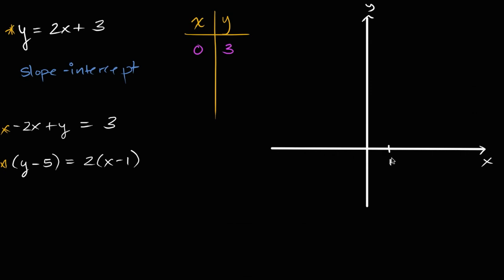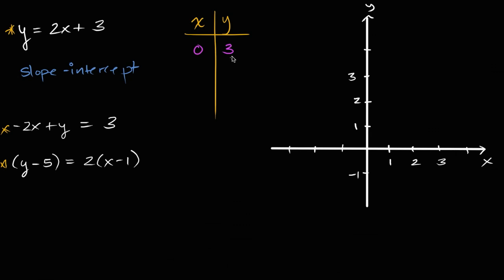So this is x equals 1, x equals 2, x equals 3. Y equals 1, y equals 2, y equals 3, and obviously I can keep going. This would be y is equal to negative 1. This would be x is equal to negative 1, negative 2, negative 3, so on and so forth.